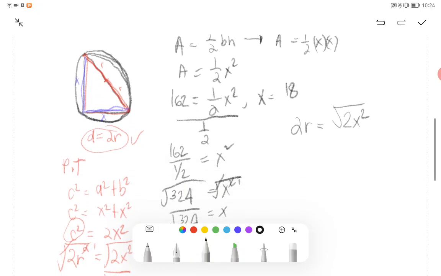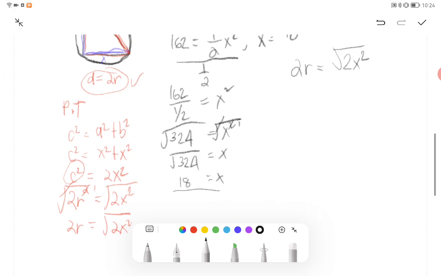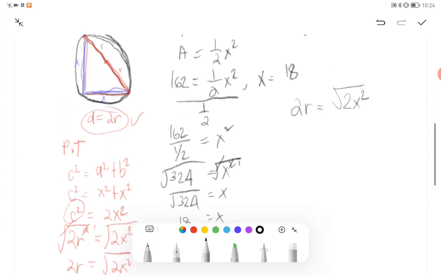Okay? So the value of our x is 18. So we can just substitute it to get our r value. We have 2 multiplied by 18 squared. Dividing both sides by 2, we will have the value of our r. So we have the square root of 2 multiplied by 18 squared all over 2.